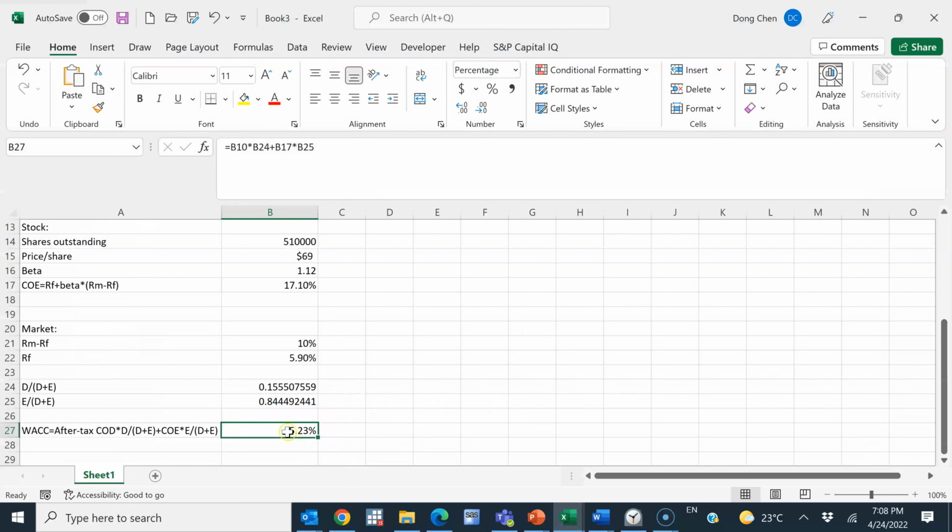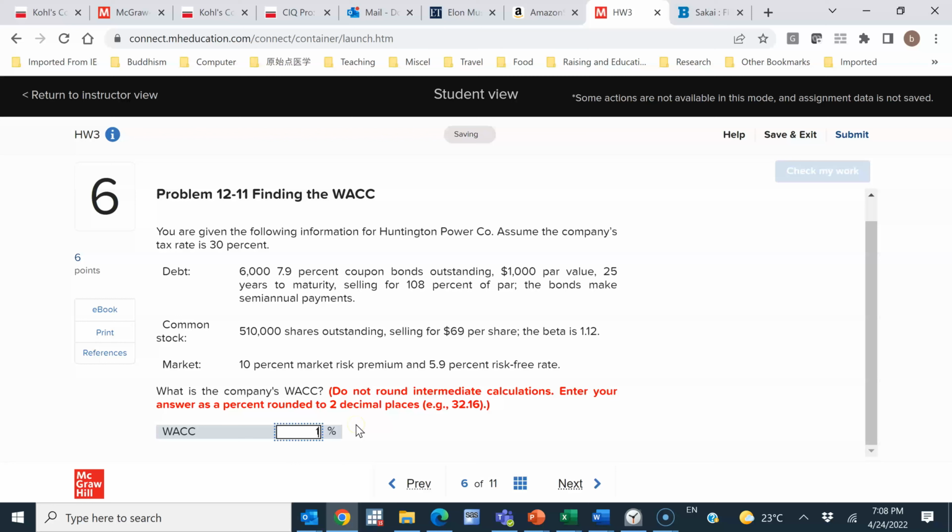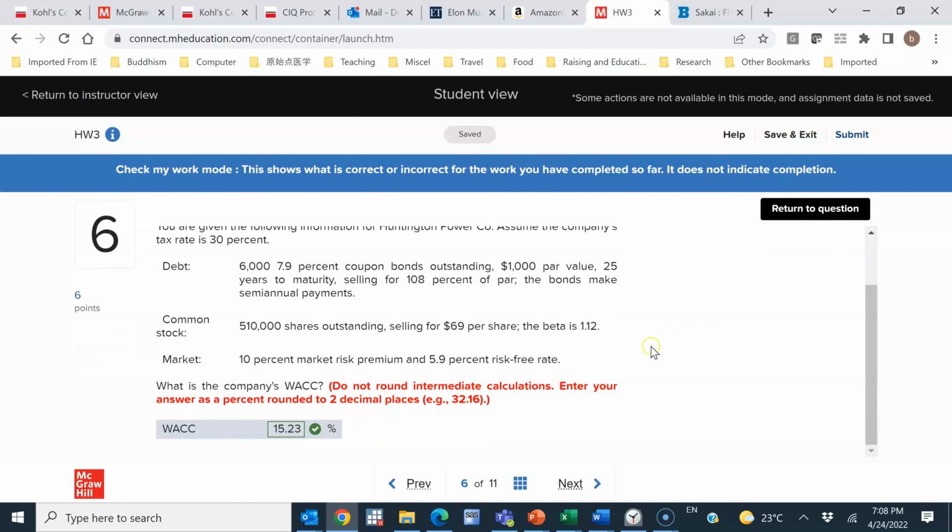So I follow that, and this final answer turns out to be 15.23%. Now check my answer. This is correct.